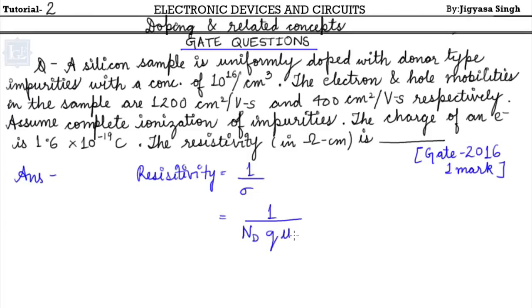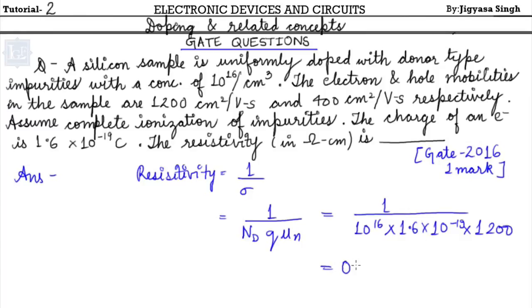Yes, because this is the formula. So let me put all the values. What is this? 10 to the power 16. Okay, we should already know this, right? And so the answer will be 0.52.